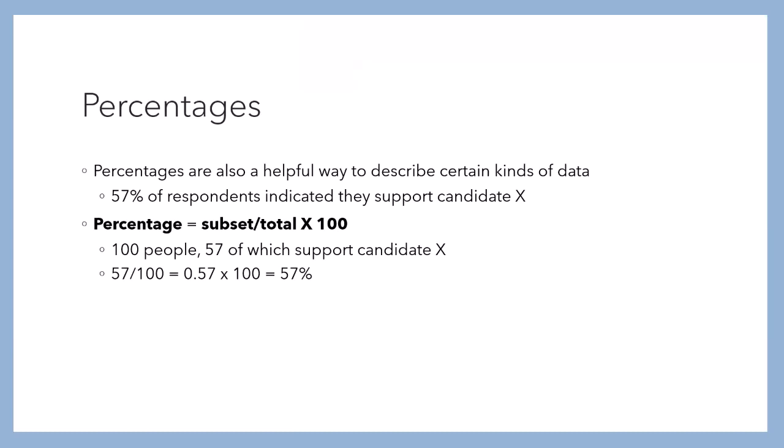So say you have 100 people, 57 of which support a certain political candidate, 57 divided by 100 equals 0.57 times 100 is 57%. Of course, it's a very easy example, but the math is the same for any other values.